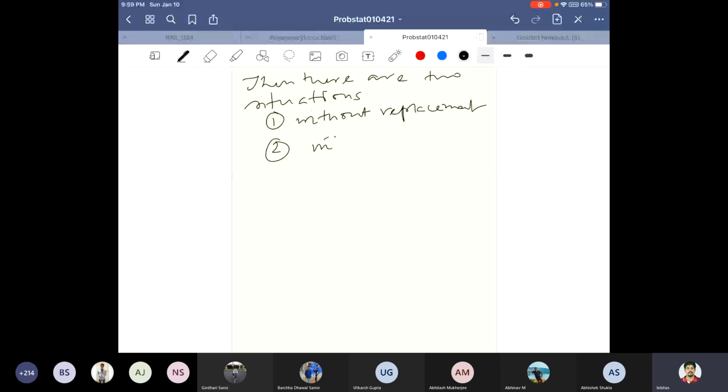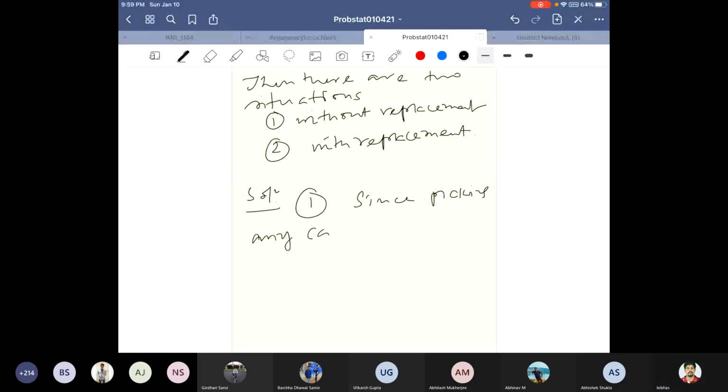Once you pick the first card, since picking any card is equally likely, the probability of any particular card, whatever it is, out of all possible cards we have, is 1 by 52.